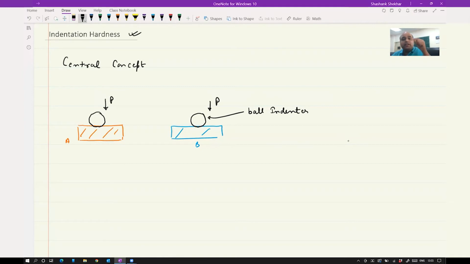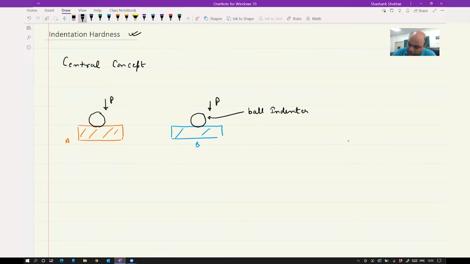Indentation hardness means you have to indent it. It's like you have a nail and you're trying to pierce it, so you're making an indent on the surface. We have different standards for that, like Brinell hardness, Vickers hardness, and Rockwell hardness. You are applying a load P, so it is going to go to some depth.